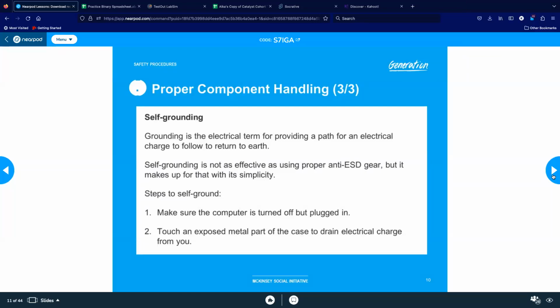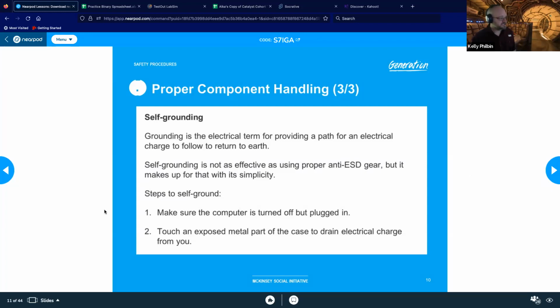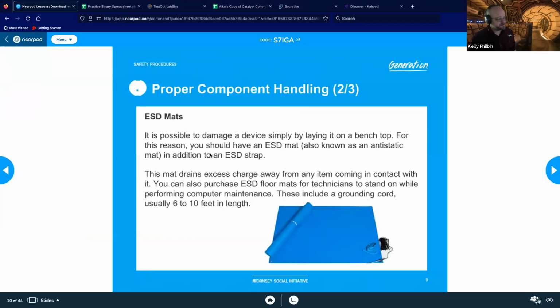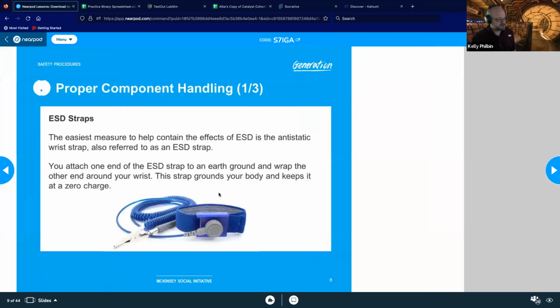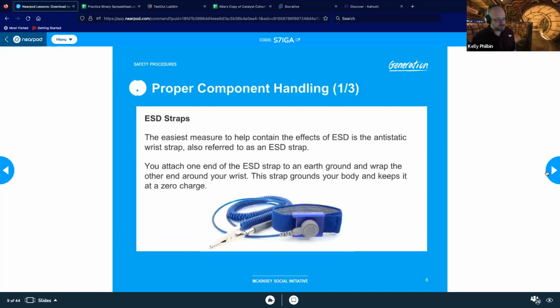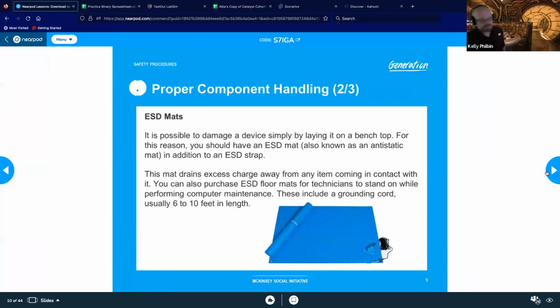Is it also like personal items? Well, to protect against ESD. So we had ESD mats, we had ESD straps. Is there anything else we can use to protect against ESD? Gloves? ESD gloves.